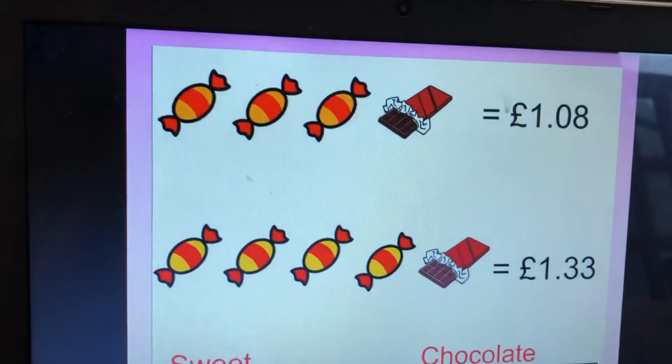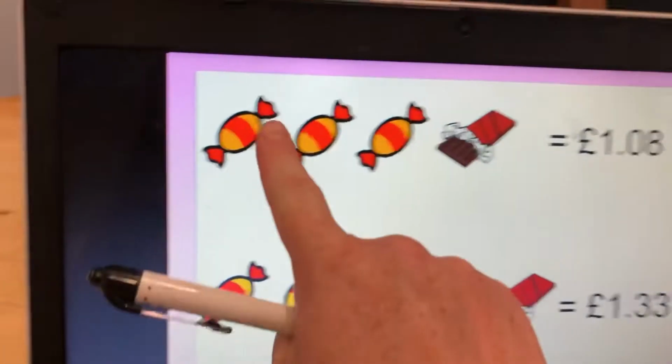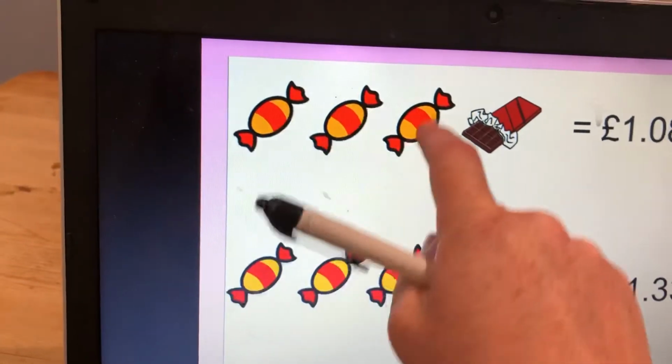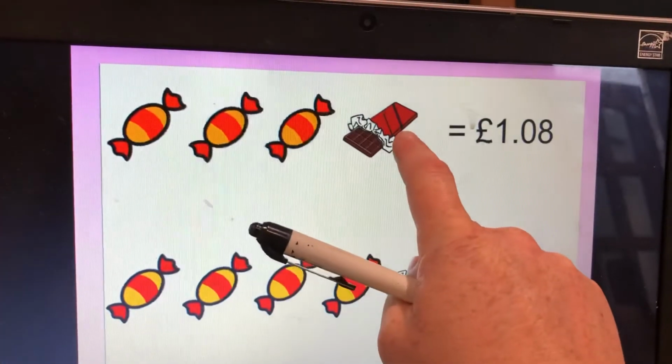So let's work out using the top one what a chocolate bar would be. If we have 3 sweets, that would be 75p. If they cost us 75p, what must the chocolate bar be? It's going to be £1.08 minus 75p.